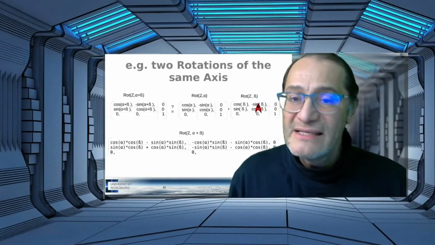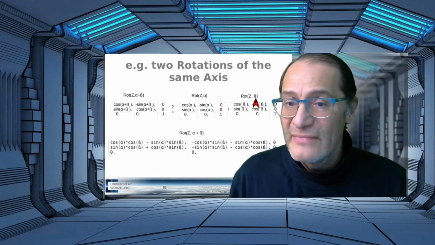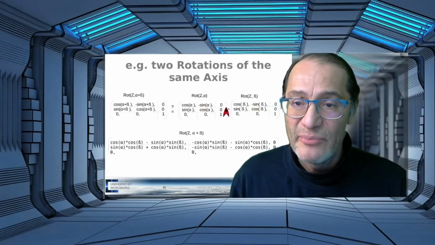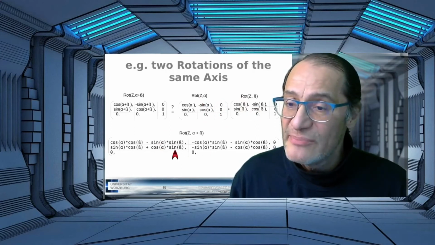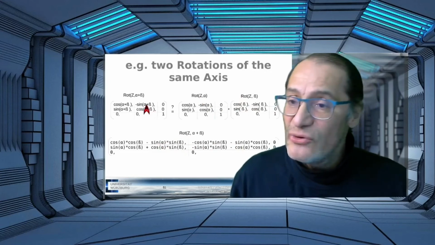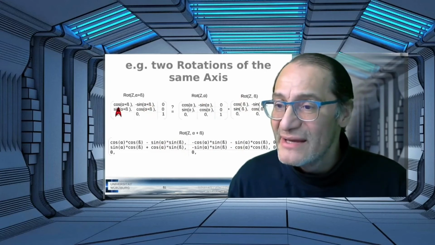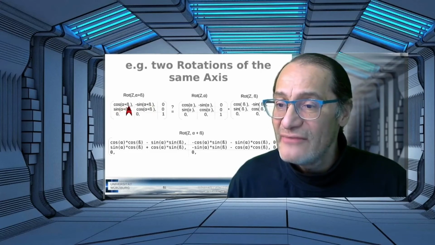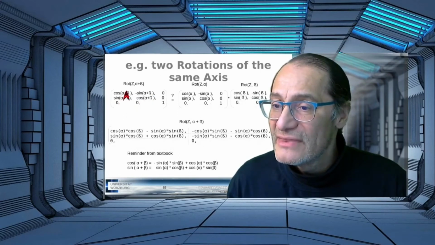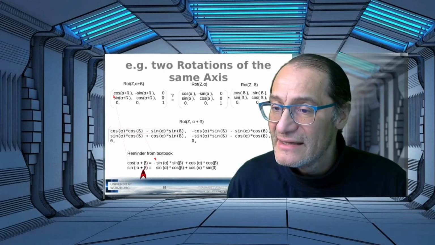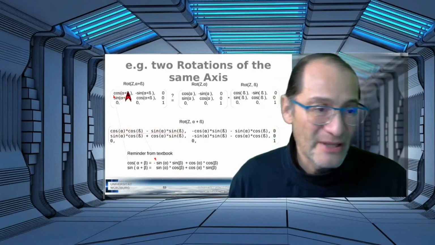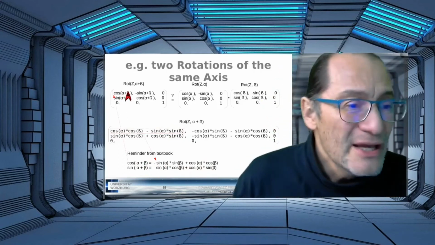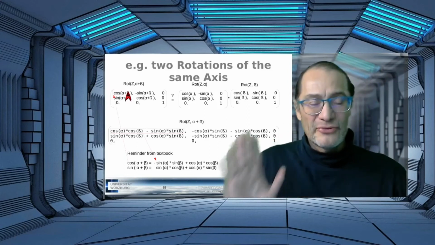And then this will be the rotation on beta, and this will be the rotation on alpha, both on z. And then you shall multiply this. And the result of this multiplication shall be this. And if you take a look using your math book, you can see what is cosine of alpha plus beta, and you will see this here is this per definition. And then this corresponds to the cosine of alpha plus beta. But I'm not going to do it now. It's only to show you, so if you want to do the exercise by yourself.